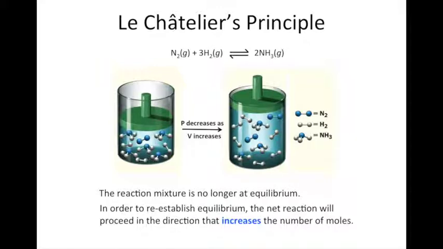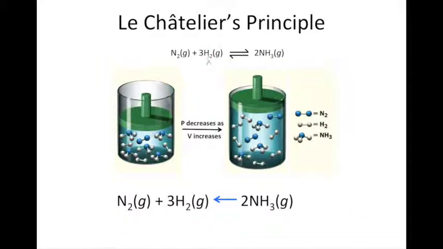And Le Chatelier's principle tells us in order to reestablish equilibrium, the net reaction will proceed in the direction that increases the number of moles of gas. So increasing the volume, the gas particles tend to expand. There's going to be more room for the gas particles to form. And so our reaction will shift from right to left in this example in order to produce more moles of gas and therefore reestablish equilibrium.